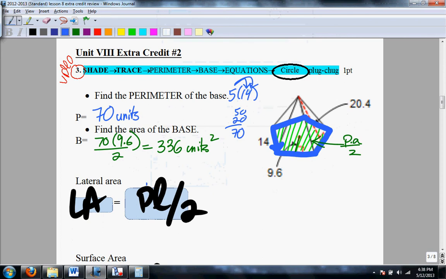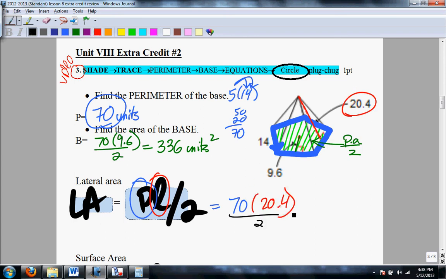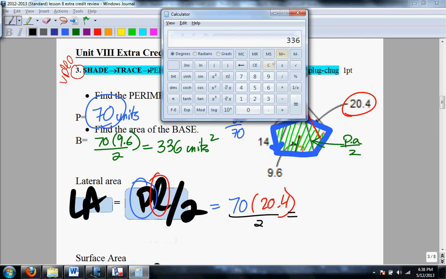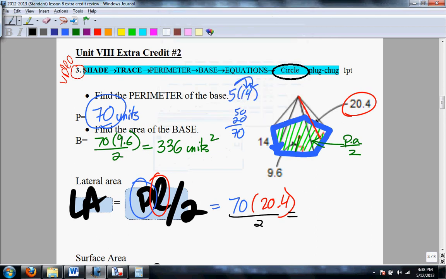Now we circle, plug, chug. So here we have our perimeter, we circle it, we pick it up, it equals 70 times slant height. Our slant height provided is 20.4 over 2. So we have 70 times 20.4 divided by 2, and we get our lateral area is 714 units squared.